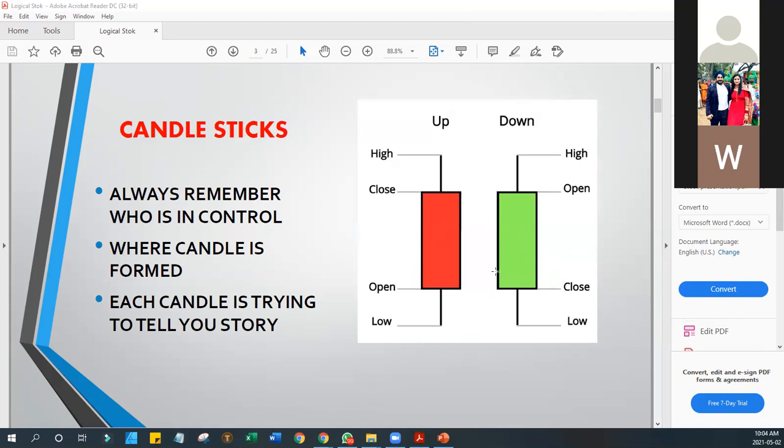So if it is bullish, the bullish or green candle will always... this is kind of weird here. Sorry, I'm going to show you how it works.